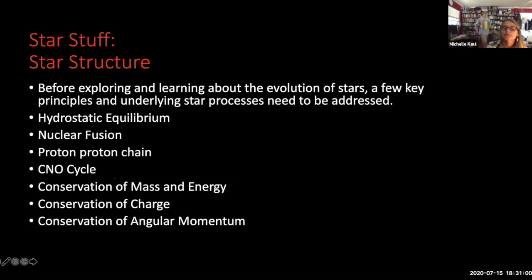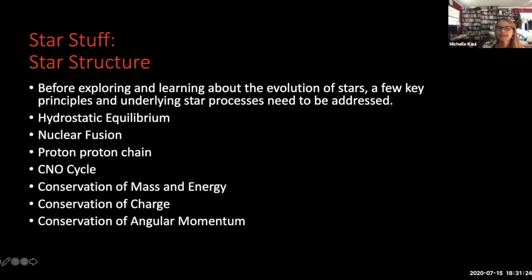Some other principles that come into play are conservation of mass and energy. I combine them. You might see them separate in your textbook, but mass and energy are really equivalent. That comes to the E equals mc squared equation. Mass is the same form as energy. Mass is nothing but frozen energy.